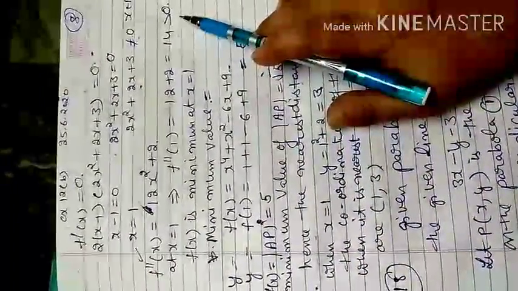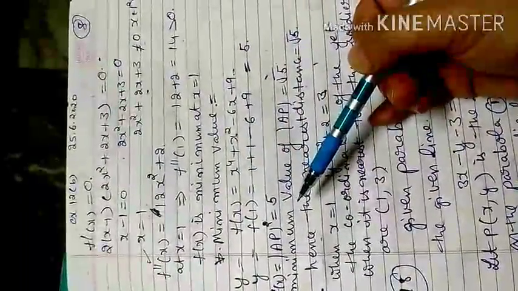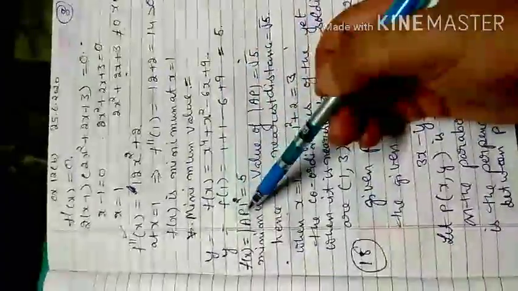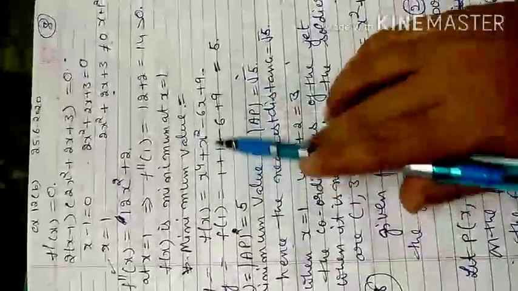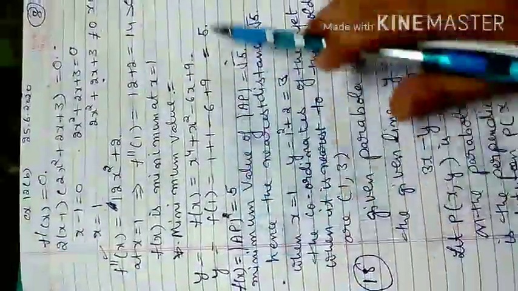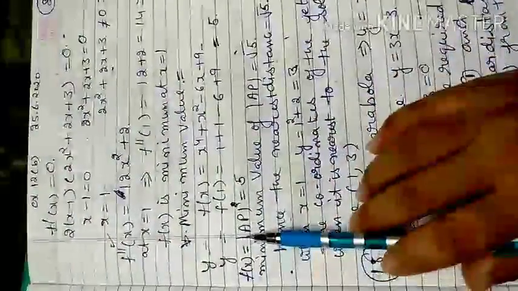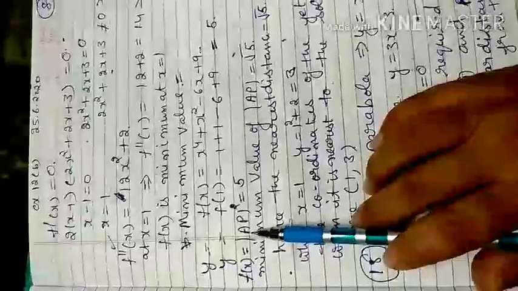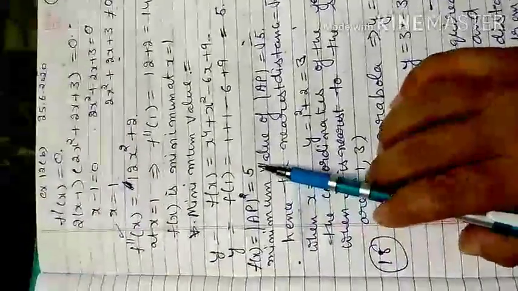A positive sign of the double differentiation shows that this is a minimum point. Now apply this value in the equation before differentiation, x to the power 4 plus x square minus 6x plus 9, so the value is 5. Because that is the equation of the distance, it gives AP square, since we first considered f(x) equal to the modulus of AP squared. So that is equal to 5.